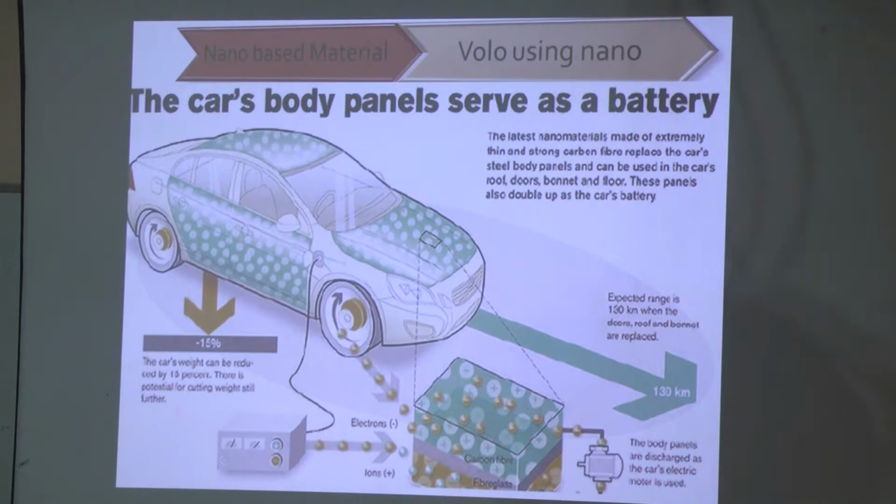Now, how to use that? Nanotechnology again can come into the picture, where we are trying to look at nano-sized thermoelectric materials. Thermoelectric materials are the materials which can make use of this lost heat energy and convert it to electrical energy.